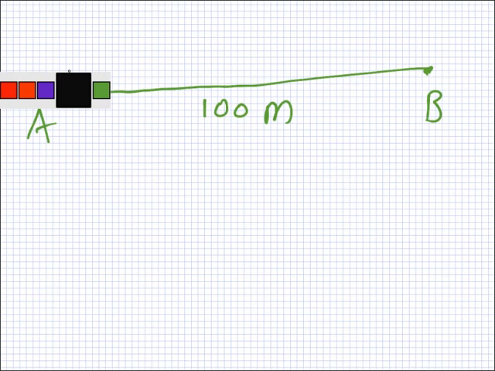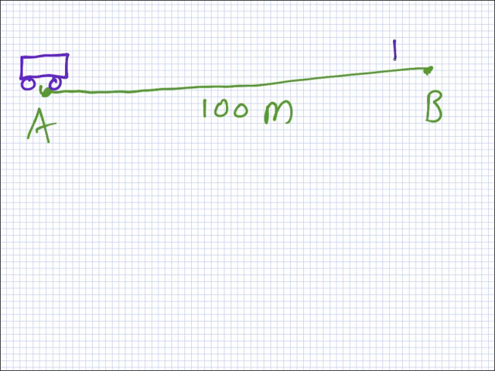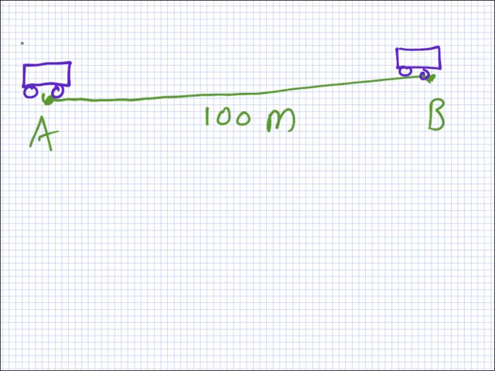We got a straight road here, 100 meters. Okay. A, B. And we have a car here and a car here. This one starts at 20 meters per second, and this one starts at 10 meters per second.